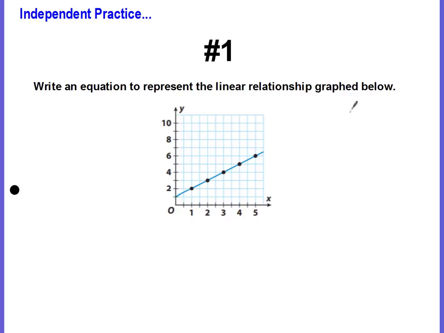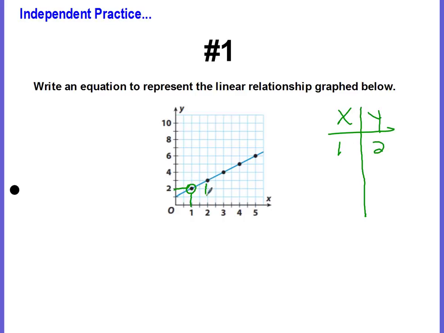Okay, first thing you want to do is make your XY ordered pair table. Remember, the x-axis is the horizontal, so those will be the values that are on the x-axis, and the y is your vertical. So this is my first point, and I could have started up here, it doesn't matter. It goes down to 1 on the x-axis, and the y coordinate is a 2.